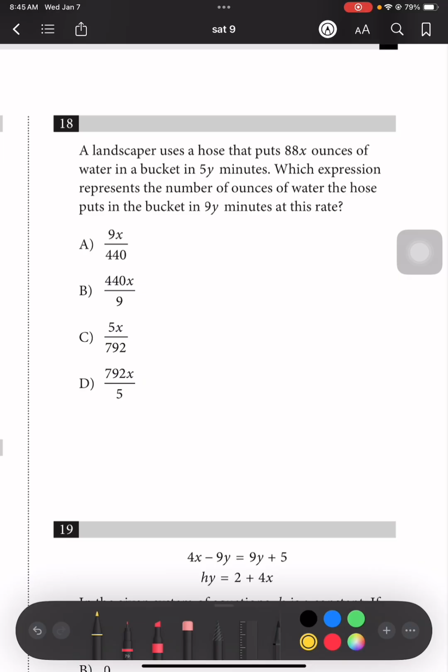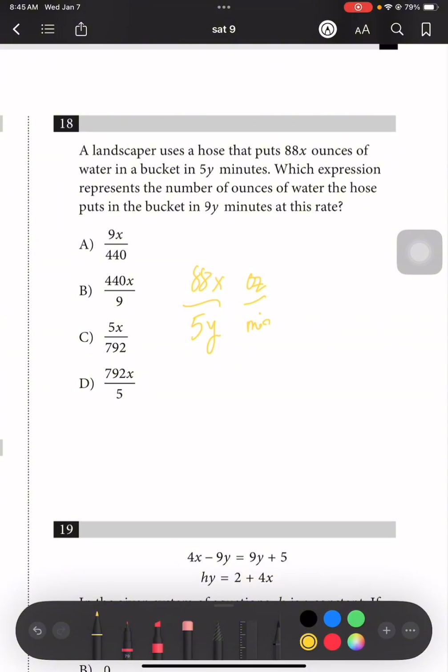18. A hose puts 88 ounces of water in a bucket in 55 minutes. Which represents the number of ounces of water the hose puts in 9 minutes? Water in a bucket, 5 minutes. So the unit is ounces over minutes.